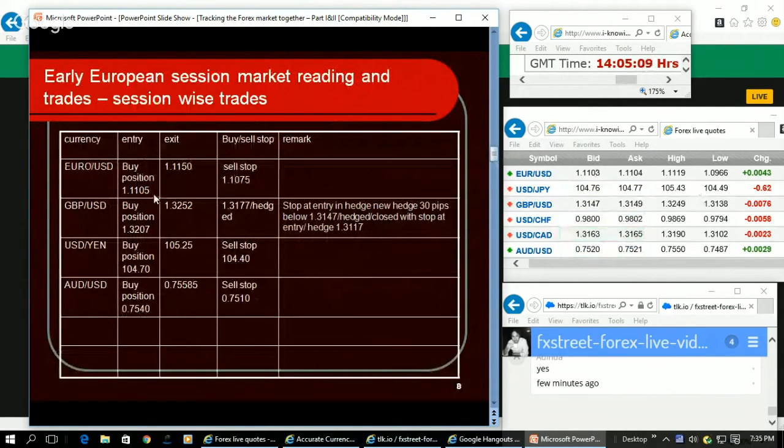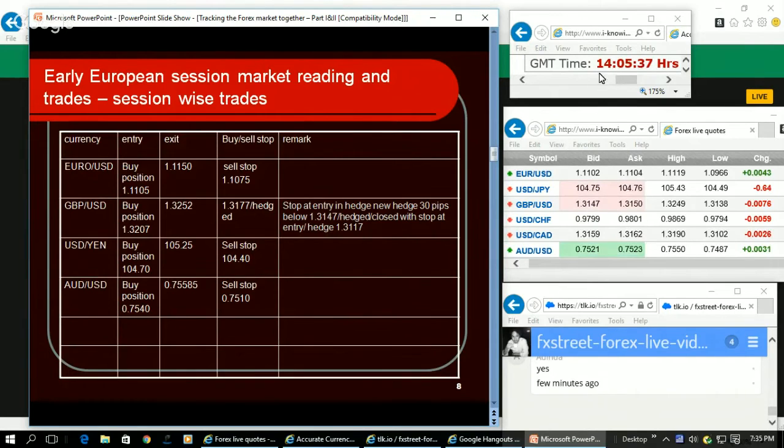Now, I explained that we can take a buy position as a breakout trade when euro went above the initial high and stayed there for more than 30 minutes. So we envisaged a further upward move during the European session. They have been holding all along during the European session, and now they have started gaining some during the US session.